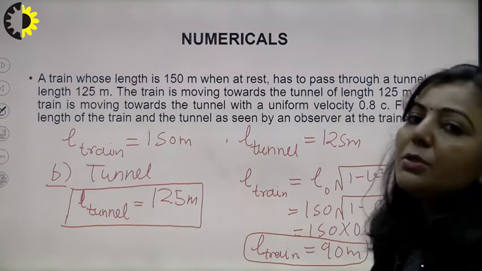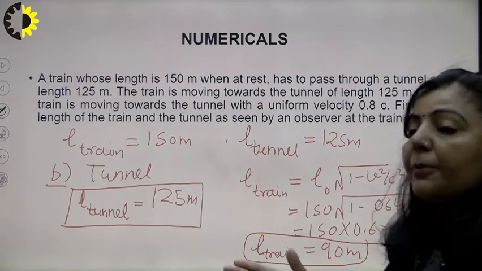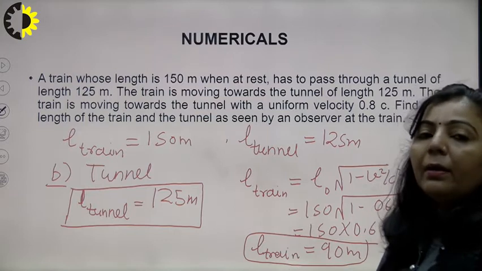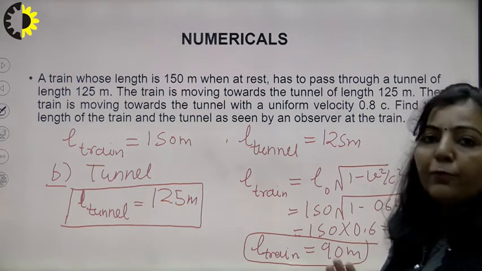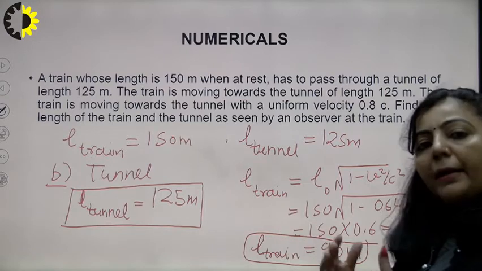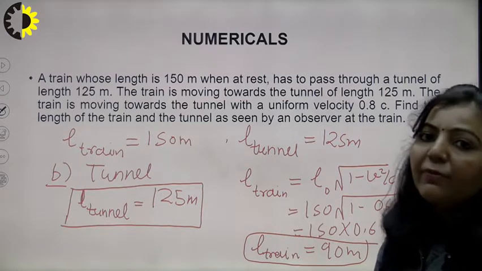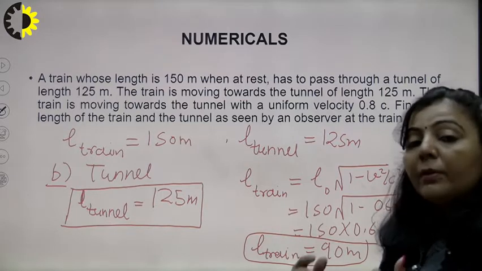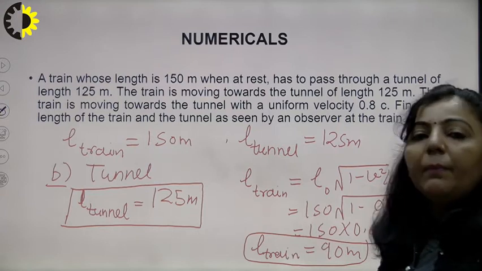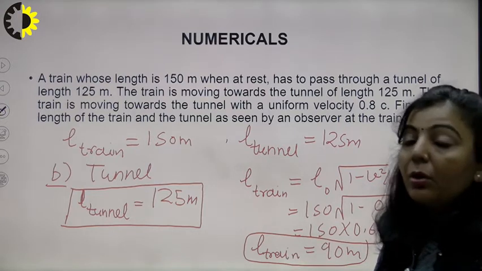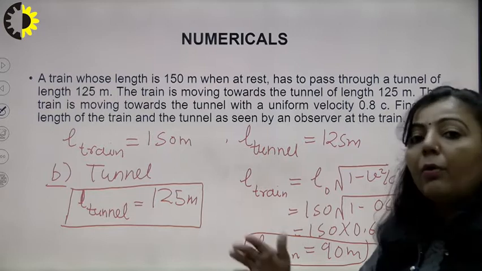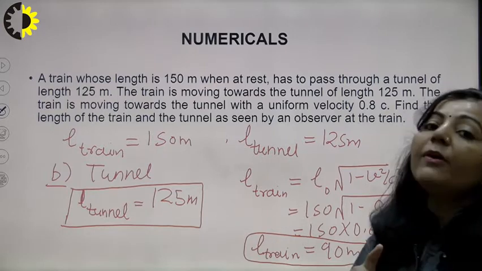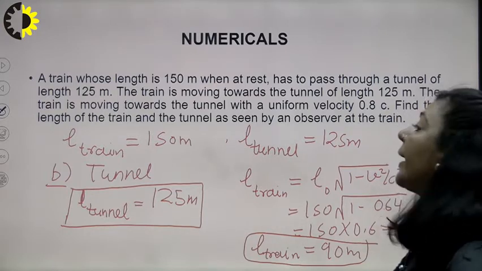In the first case, when the observer is present in the train, then the train will appear as 150 meter, and the tunnel will get contracted, and its length will be 75 meter for that observer. But when the observer is in the tunnel, then the tunnel will appear as 125 meter long, but the length of the train will contract, and instead of 150 meter, it is 90 meter.